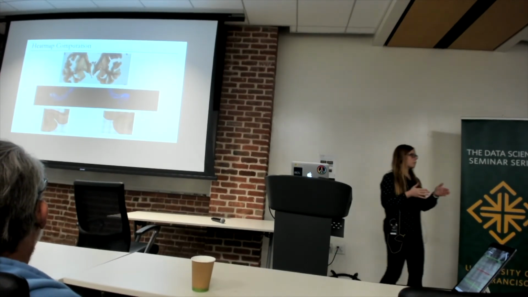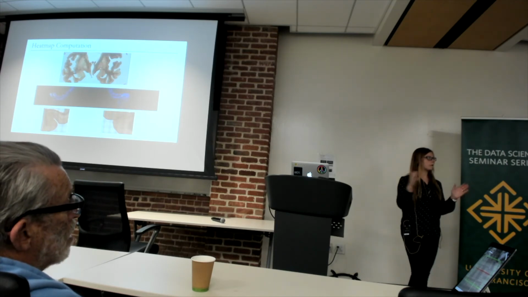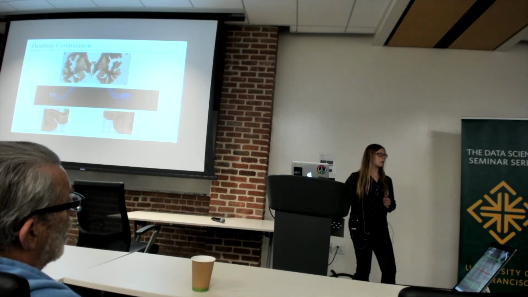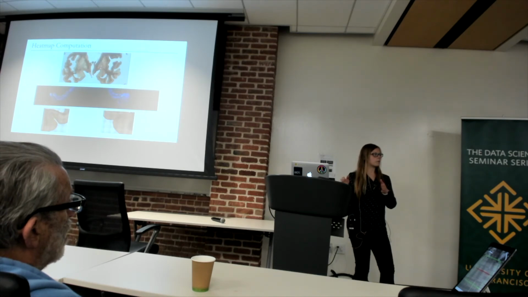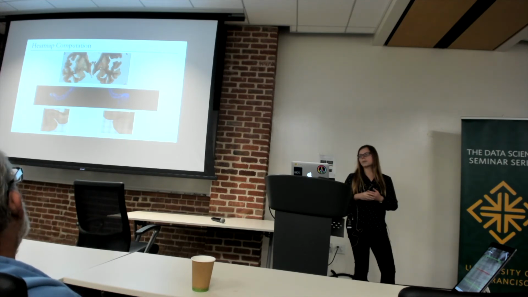You have some pre-processing where we remove the background and white matter. Those images are pretty big, so you break them into smaller tiles, because if you try to work with them like this, you're just going to run out of memory. Each smaller tile goes through the segmentation process.